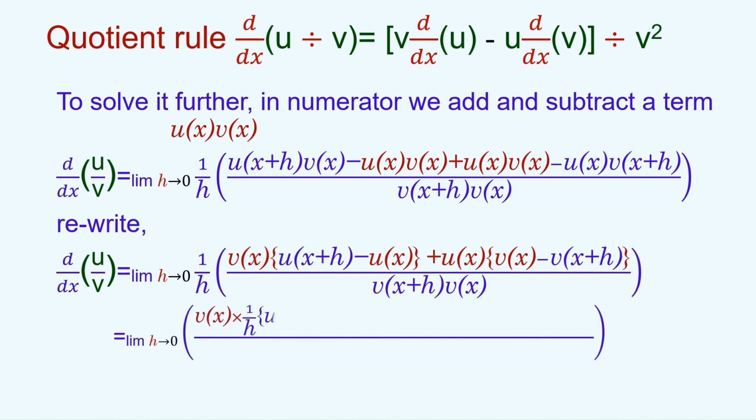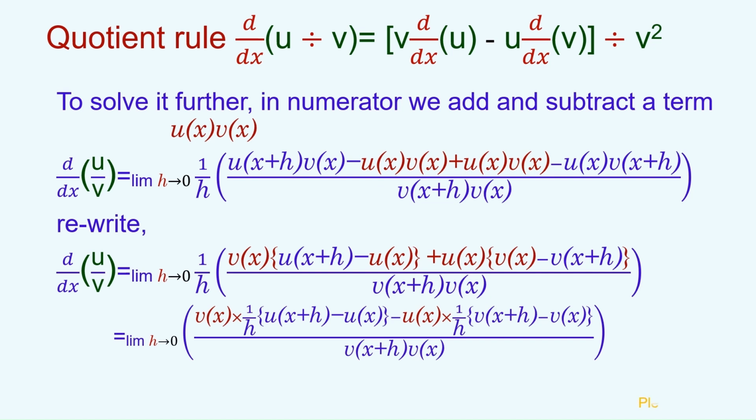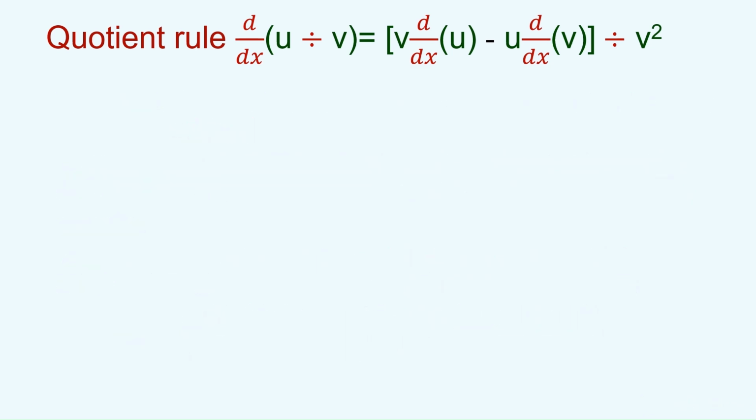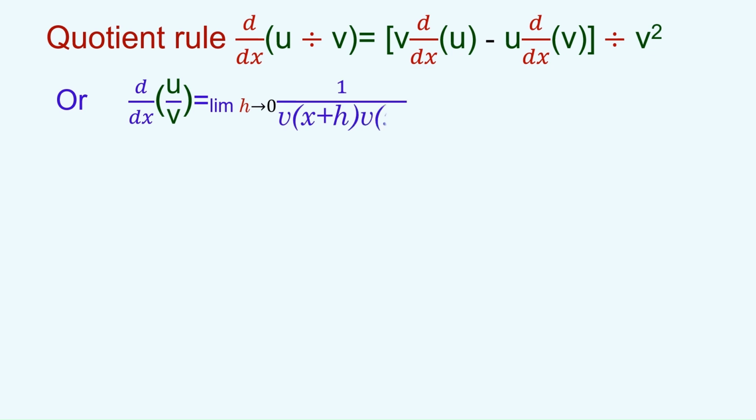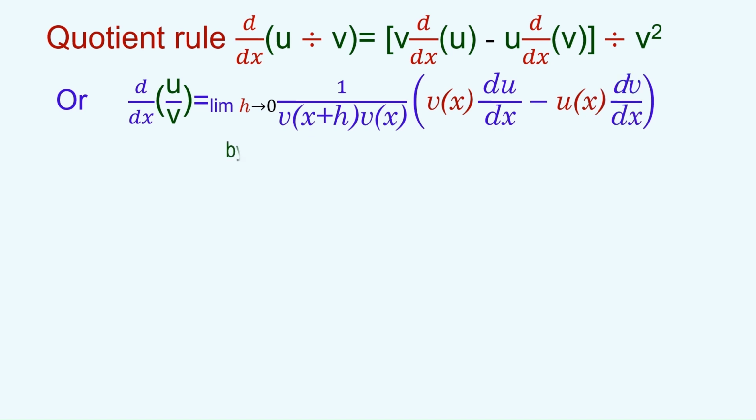equals limit as h tends to 0 of [v(x)·(1/h)(u(x+h) − u(x)) − u(x)·(1/h)(v(x+h) − v(x))] / [v(x+h)·v(x)]. Or d/dx (u/v) = limit as h tends to 0 of 1/[v(x+h)·v(x)] times [v(x)·du/dx − u(x)·dv/dx].